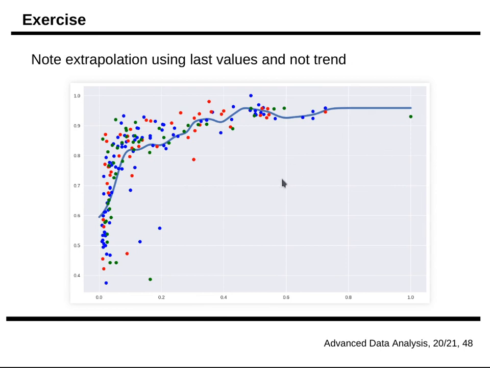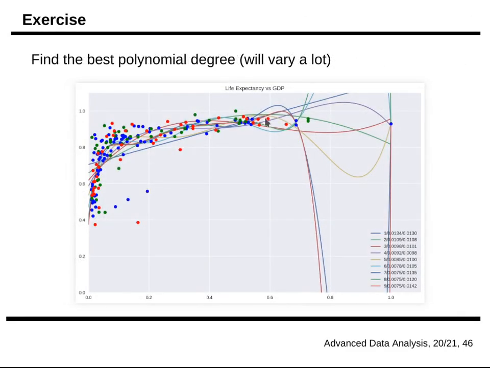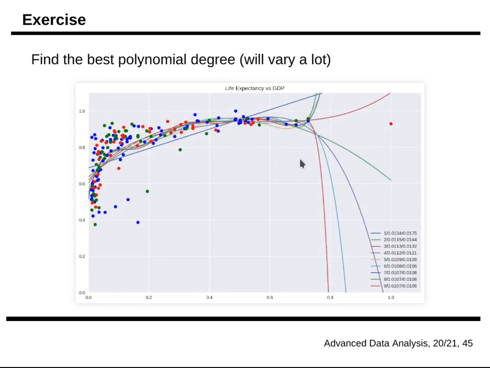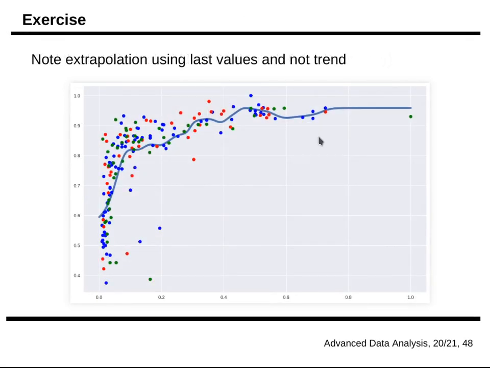Note, by the way, that when you use polynomial regression outside the training set, so extrapolating outside the training data, you can get very far away from the points, because you are continuing with the polynomial curve. If you use something like kernel regression, this is similar to a moving average.